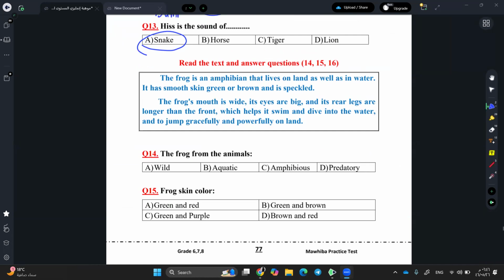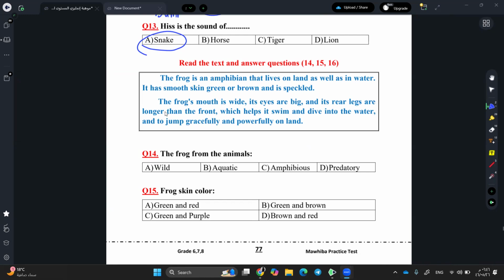It has smooth skin, green or brown, and it's speckled. The frog's mouth is wide, its eyes are big, and its rear legs are longer than the front, which helps it swim, and dive into the water, and to jump gracefully and powerfully on land.